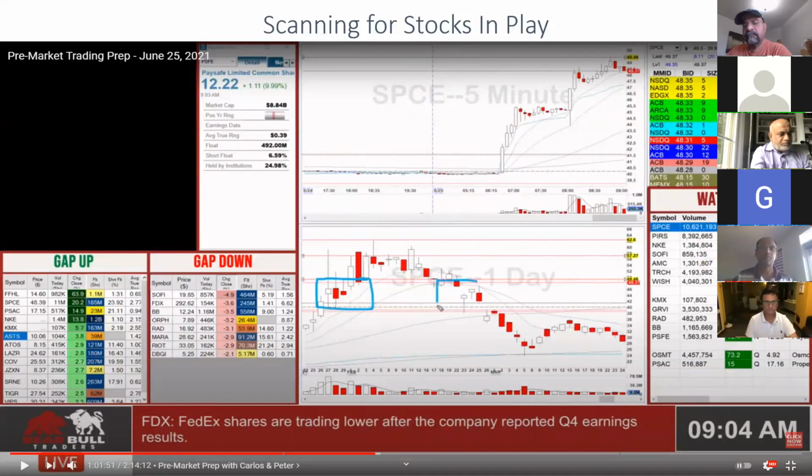Those are the criteria. How big is their float? How many shares are available? And what percentage of that float is being shorted? Short interest is key, like GameStop and others. That's a very good discussion, and they spend an hour on it. So that's a very good resource because it's coming live.